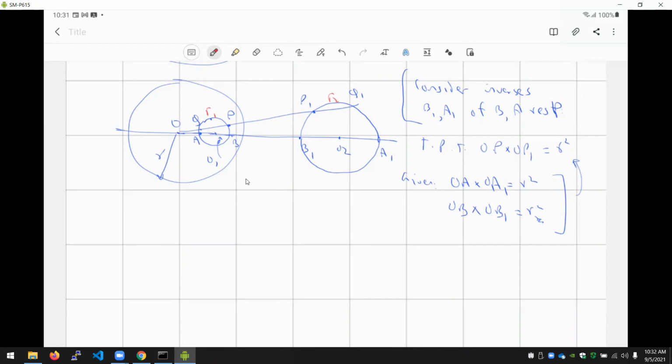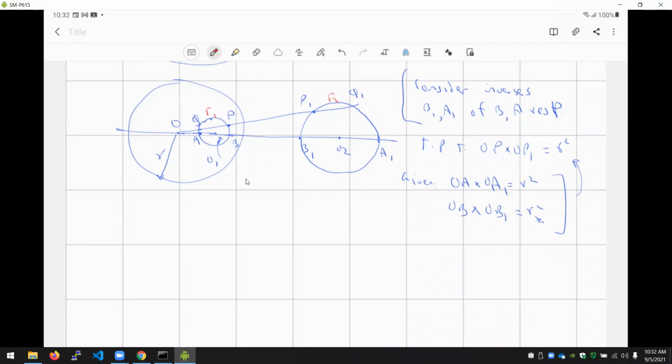Give it a try. Power of a point can be useful. So we can prove PP1B1B is a cyclic quadrilateral. If we prove that, we should be done. How do you prove that?